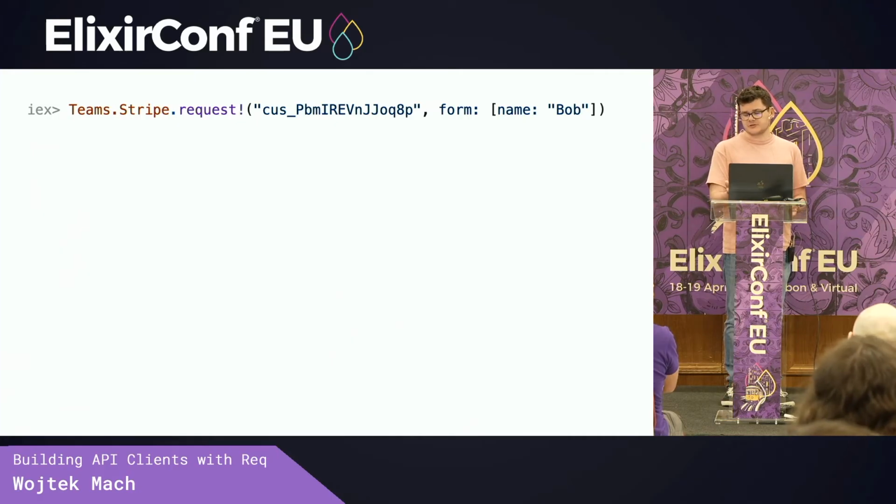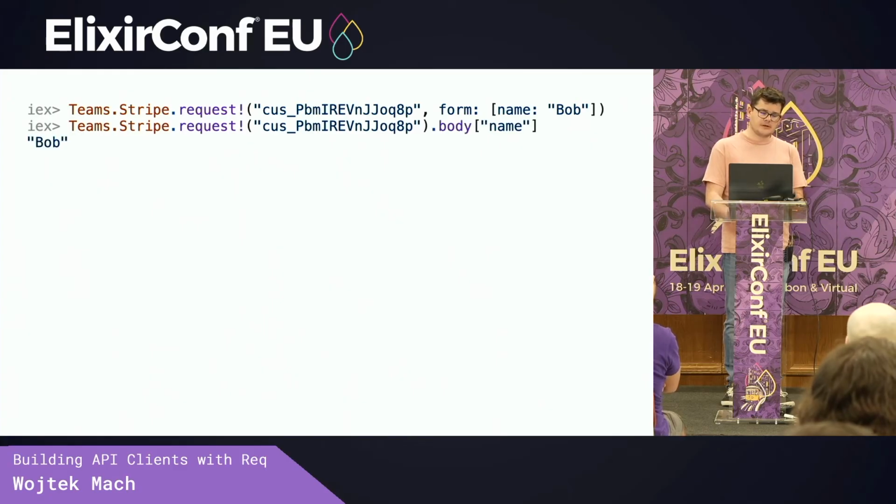We basically set the request body to this. This is enough to make an update. We get the ID of a customer, we change the name to Bob, we grab it again, it is updated. So again, we don't have to find an update-something function. We just take an ID, we update it.